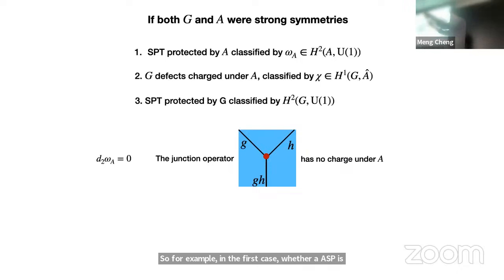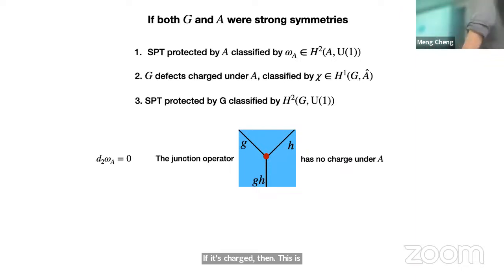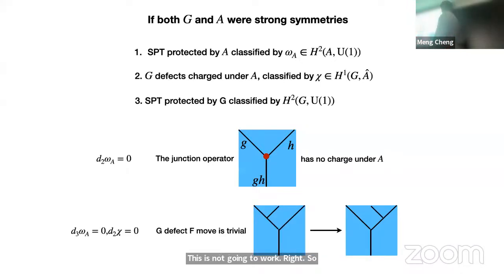Basically, you have two defects and you just fuse them, and check whether the junction operator is charged or not under A. Okay. If it's charged, then this is not going to work. So this is one consistency. And this is really about a symmetry charge under a strong symmetry. You can imagine even for mixed state, this is going to be relevant.